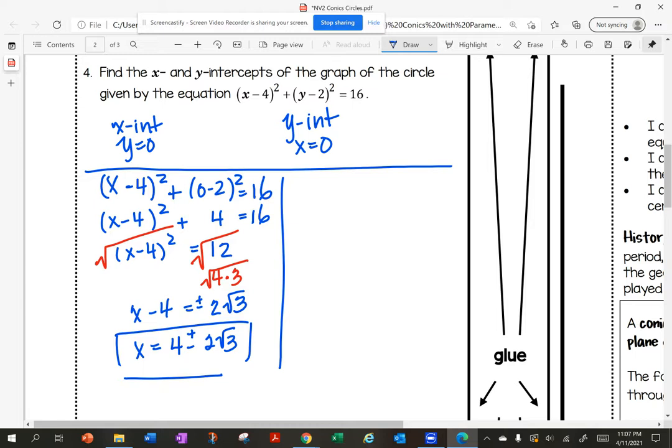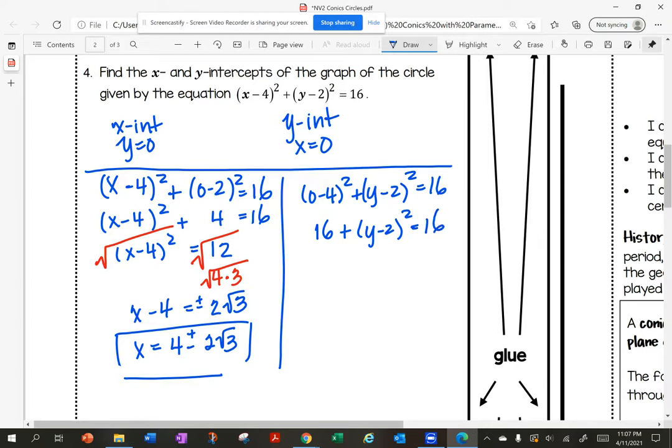Now let's find the y-intercept. So I am going to set x equal to 0. So this is 0 minus 4 quantity squared plus y minus 2 quantity squared equals 16. Negative 4 quantity squared is 16, plus y minus 2 quantity squared equals 16.